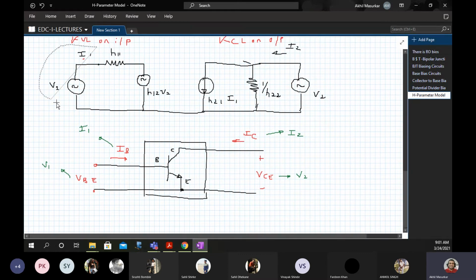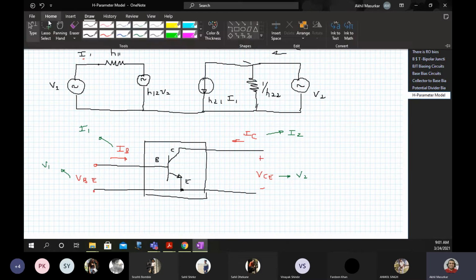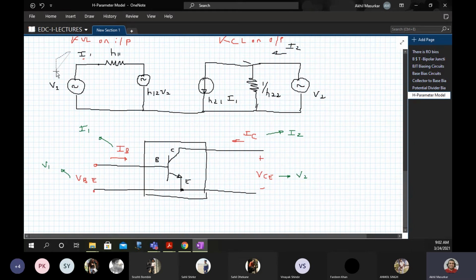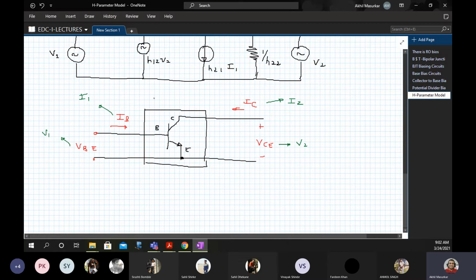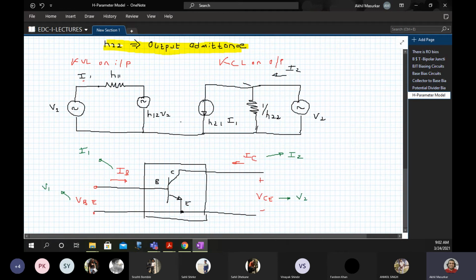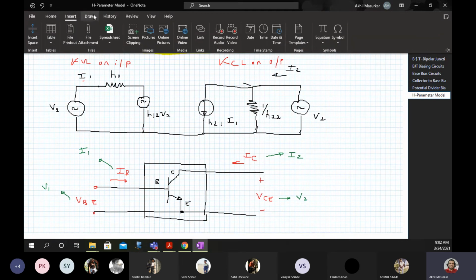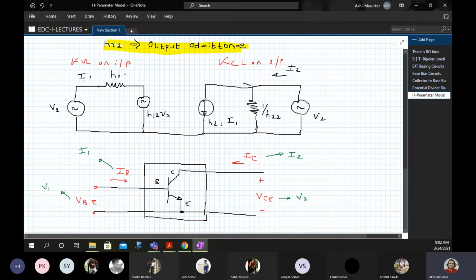what I am drawing right now. So we will draw it here. This is HI, the input impedance.